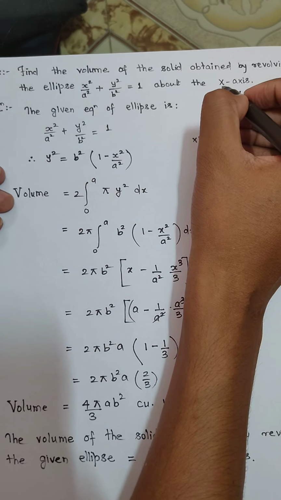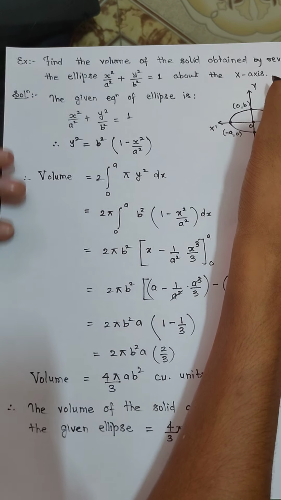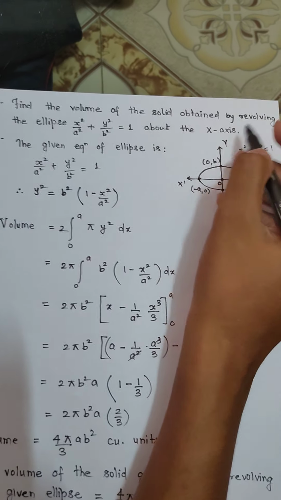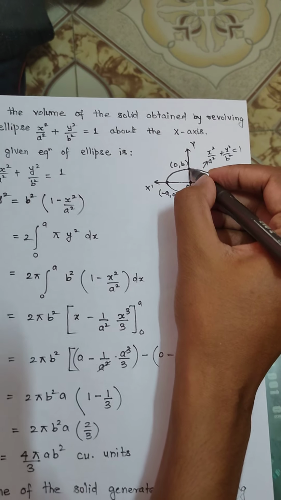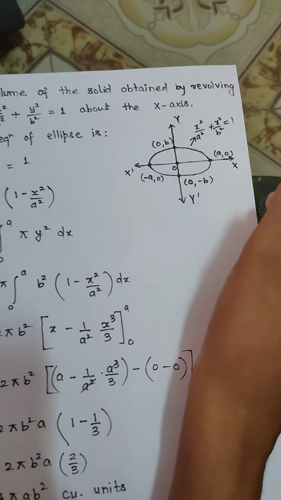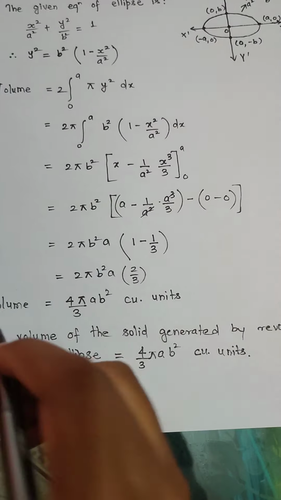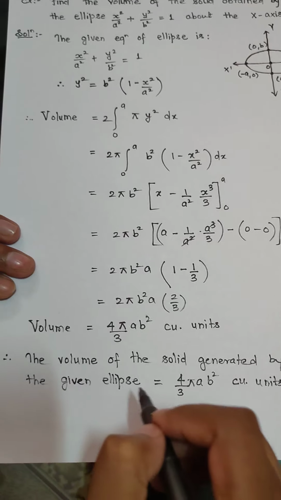Now you have to try at home to find the volume about the y-axis. So if you go with the volume about the y-axis, what is important? Important is this limit, 0 to b, you can take and multiply it by 2. So what would be the change, or what would be the answer that you will get?